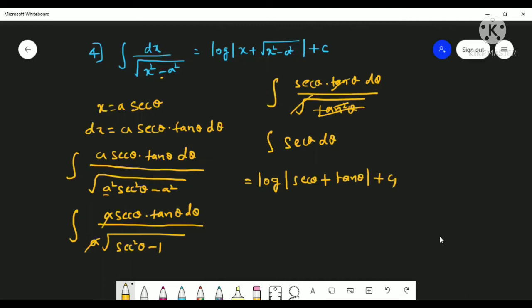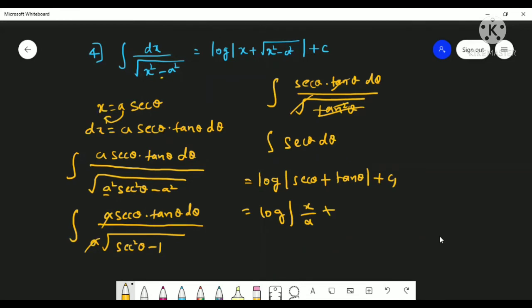Okay, now log, what is the secant theta value from this? If it is a, it will go to this side, so that is x by a. That is, secant theta is x by a, plus tan theta. What can we write in terms of secant theta? Do you know that 1 plus tan square theta is equal to secant square theta?